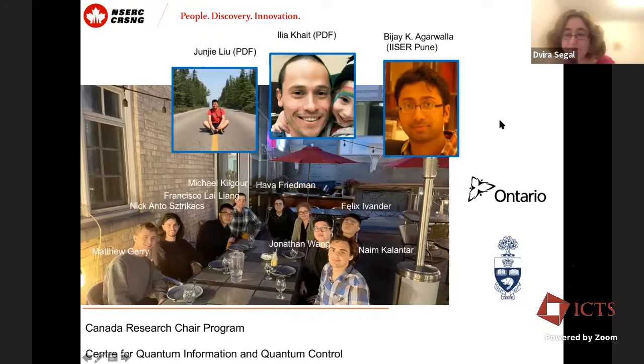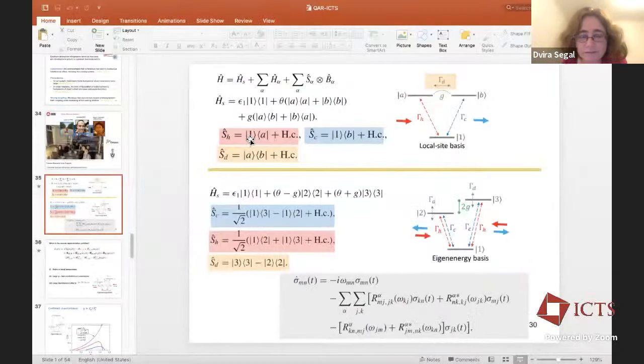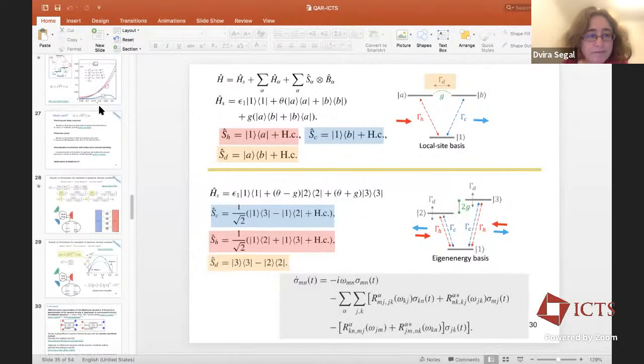Thank you, Dvira, for your very interesting talk. I have a question about the bounds that you have shown. You have shown a bound for the efficiency and one for the fluctuation. So my general question is, when are these bounds saturated?